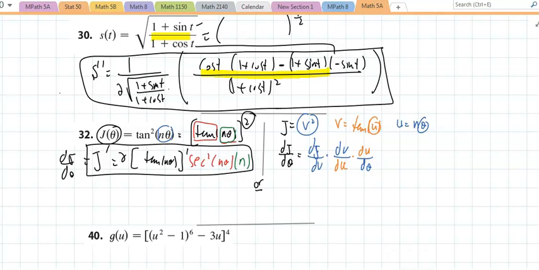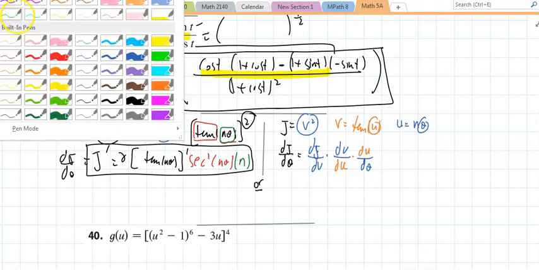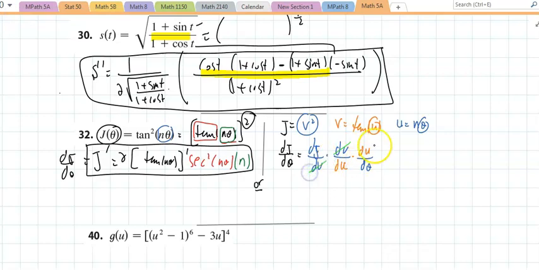I used blue twice, that's what's confusing. So at any time I could cancel those, and I can cancel those, and I'll get the change of j with respect to theta. And now I could do this in moderations.